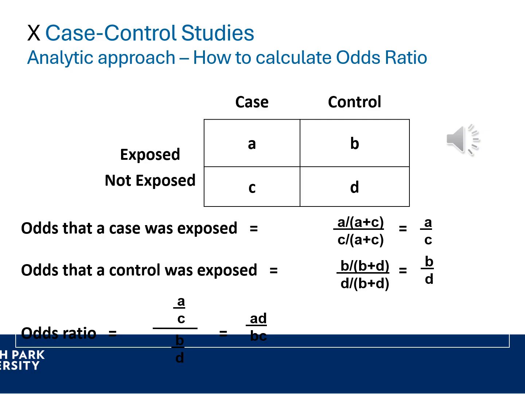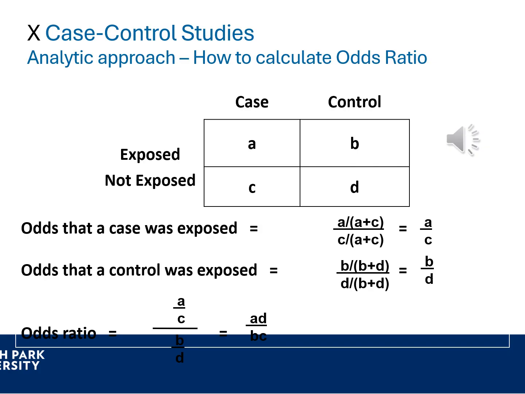Those who have been exposed in the top row, those who have not been exposed in the bottom row. And note, by the way, that the positives are always in the upper left. So every time you create a table, the upper left will be those with the exposure to the risk factor and those with the disease. Because if you get that wrong, then you won't set up your table right.